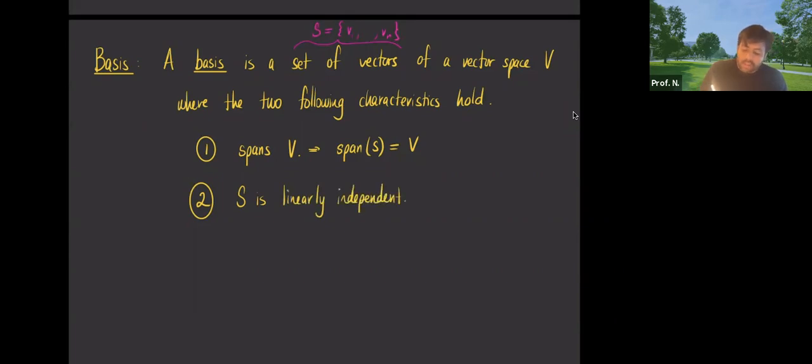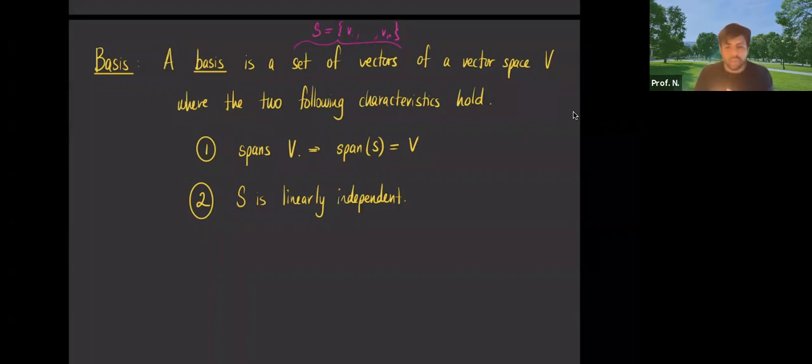So now we're making the distinction between sets that are both spanning sets and linearly independent, versus sets that are only spanning yet they're linearly dependent, or sets that are linearly independent but can't span the space. So we have three different scenarios. We have sets of vectors that are linearly independent and that span the vector space.